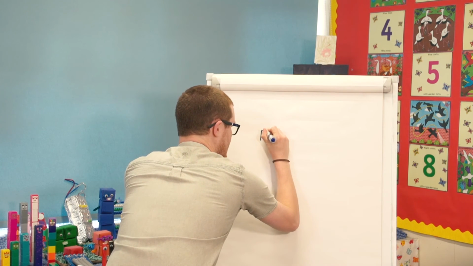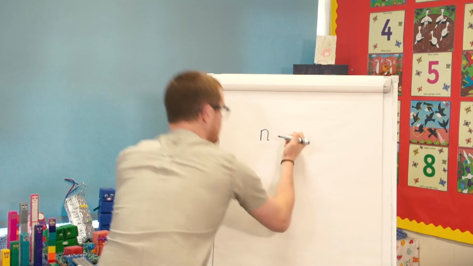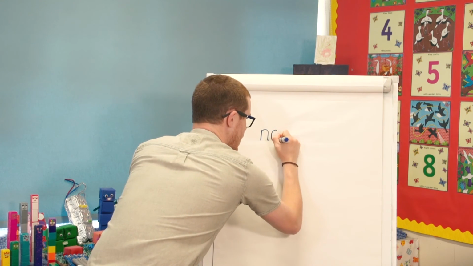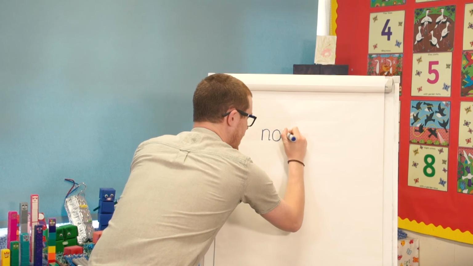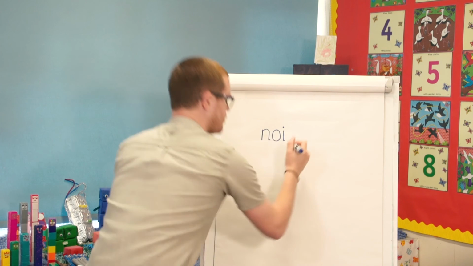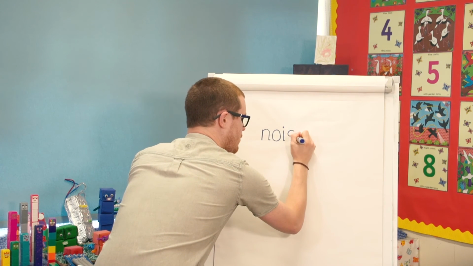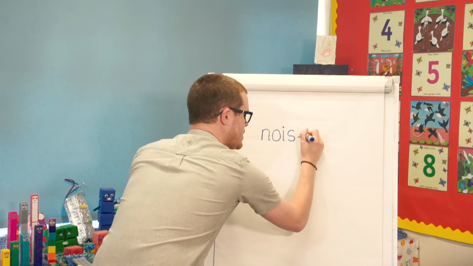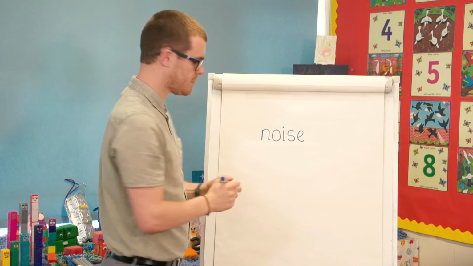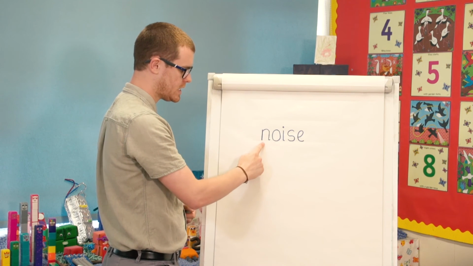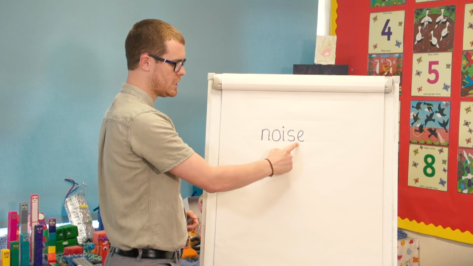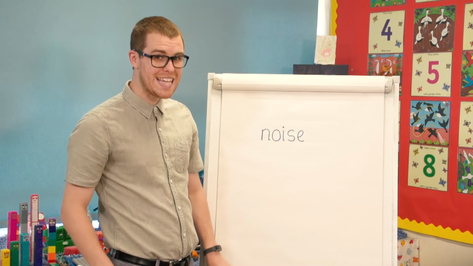Well, my first sound is N. Then we have a digraph that says Oi. And then the final sound at the end is our new grapheme for the sound Z. So the word says noise. N-O-I-Z. 3 sounds.